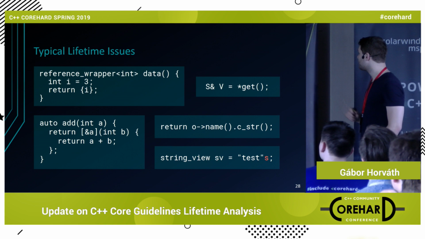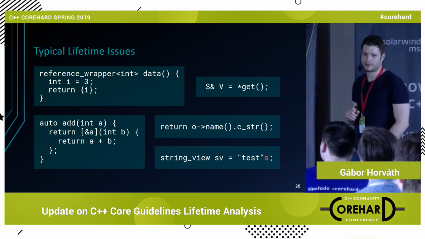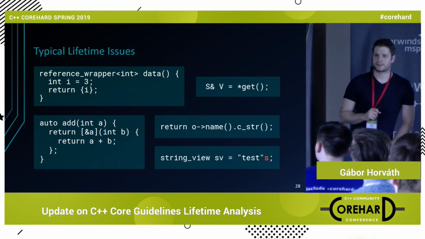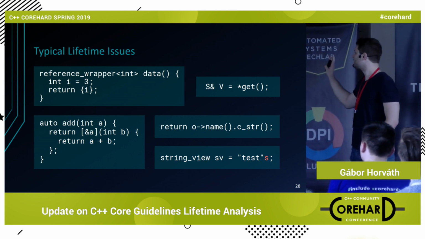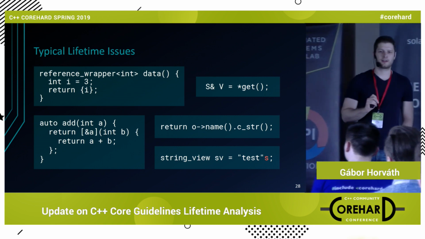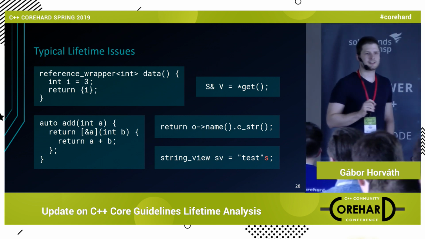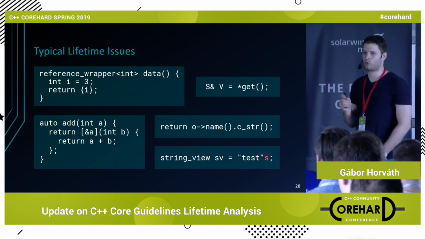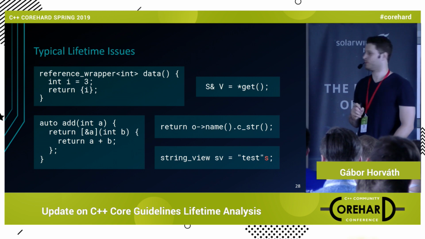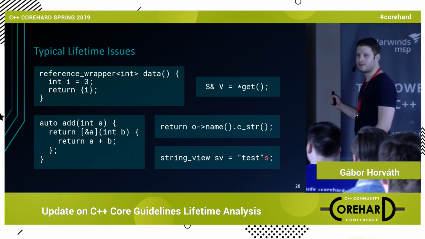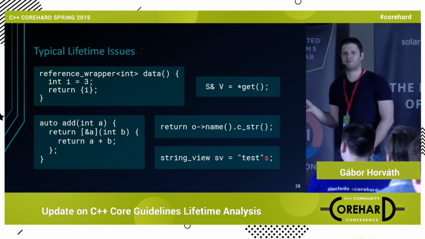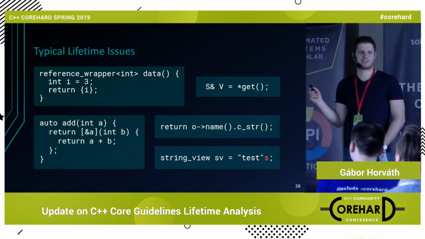On the next one, when we call the get function, it is even trickier, because that code snippet might work correctly. In case get returns a raw pointer, a non-owning raw pointer, then this code is safe. Can you tell me when this code is not safe?